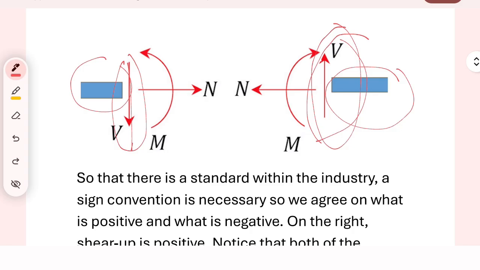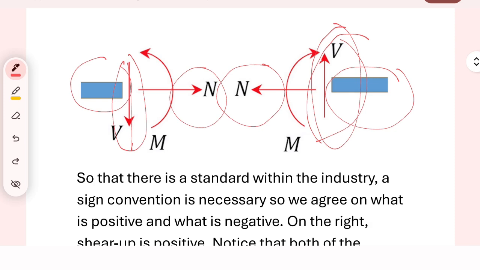That is also what happens to N. If you look at here, this force N, on one side it's going to the right, on the other side it's going to the left. These N are equal in values. They are in the opposite direction to maintain equilibrium on the x-axis, or the horizontal.